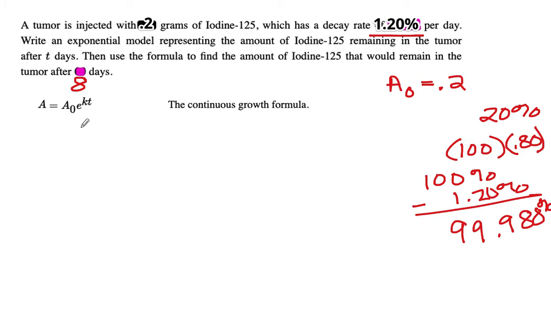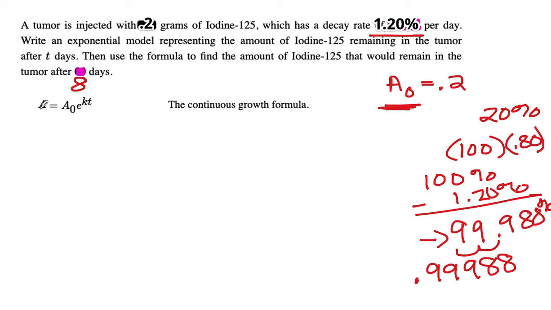Okay, so now I know that if I convert it to decimal, I'd move it 2 places to the left, and it would be 0.988. And that would be multiplied by the original to give me the amount that is left after 1 day.